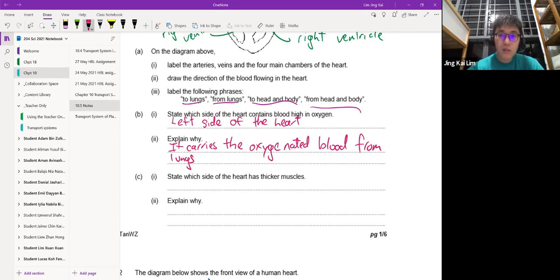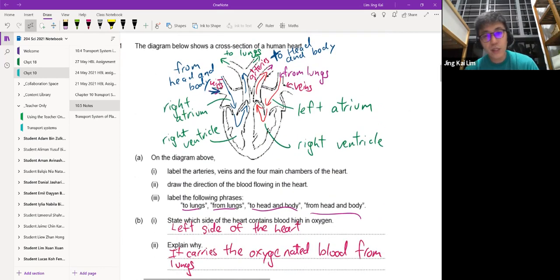What do you think? If you look at the heart itself, which side of the heart does the blood actually need to flow to more parts? Is it the left side or the right side?